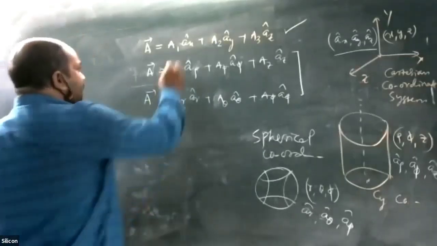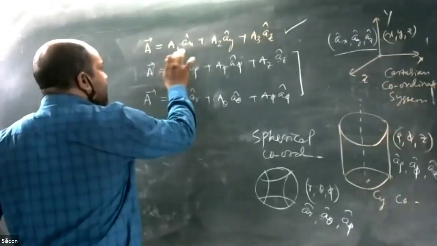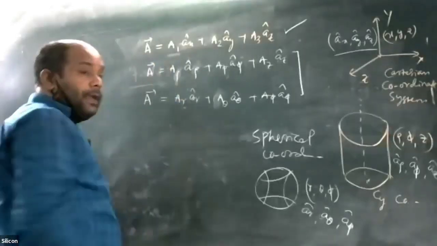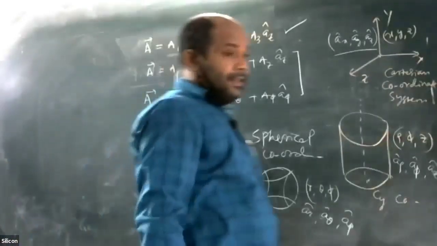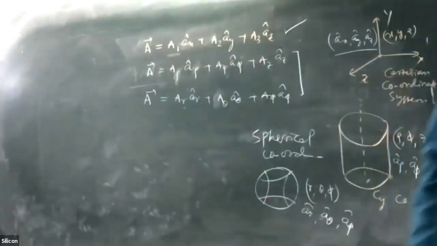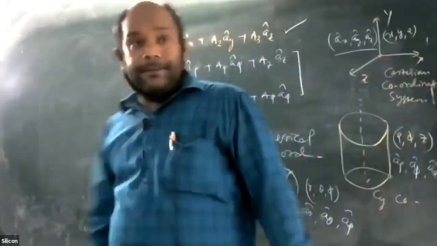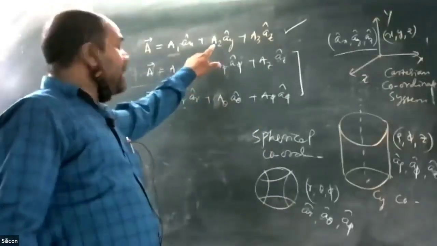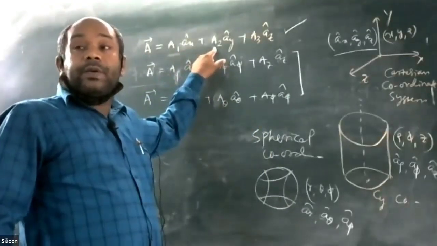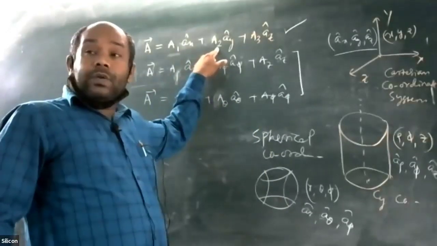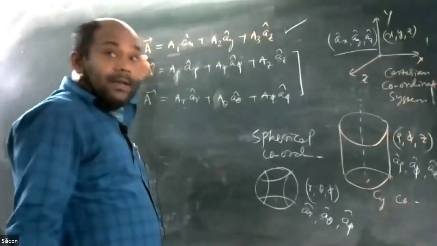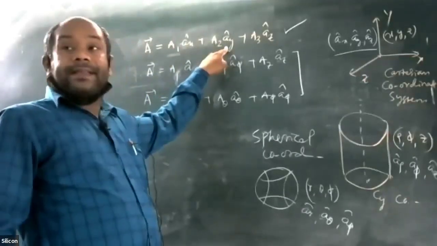What is this A1? A1 is nothing but the magnitude of the vector along x-axis. Similarly, a2 is the magnitude of the A vector along y-axis.